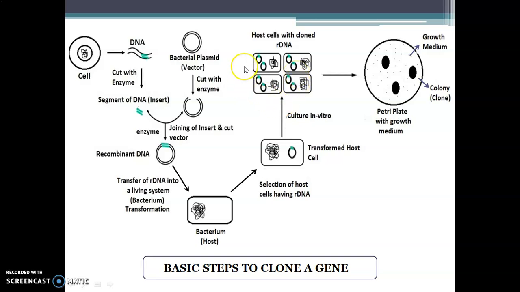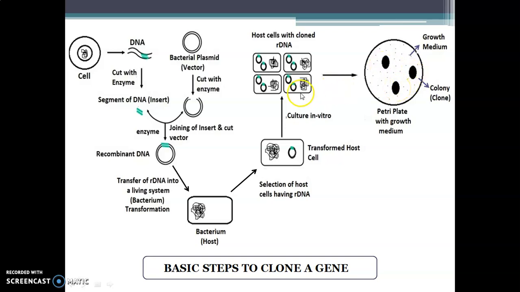So you have a big population of host bacterial cells in which there will be multiple copies of the rDNA, and in those rDNA molecules there will be multiple copies of the gene of interest. As the bacterial cells keep on growing, they will be visible in the form of colonies.